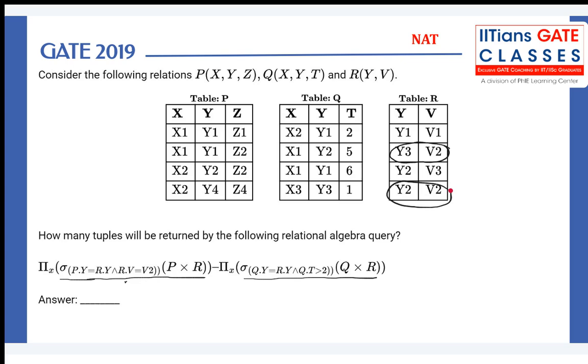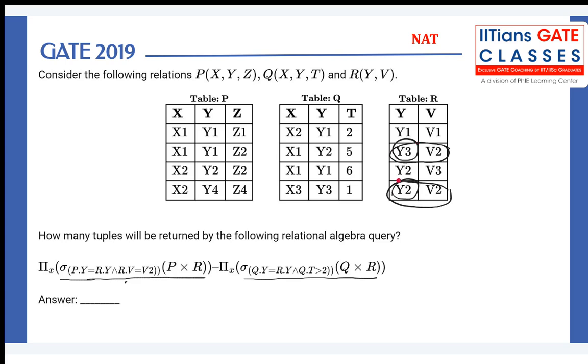R dot v is v2, so we are only considering two rows from r. Now you're joining them with capital P on y, which means the value of p dot y should be the same as r dot y. And now your r dot y can be only either y3 or y2.